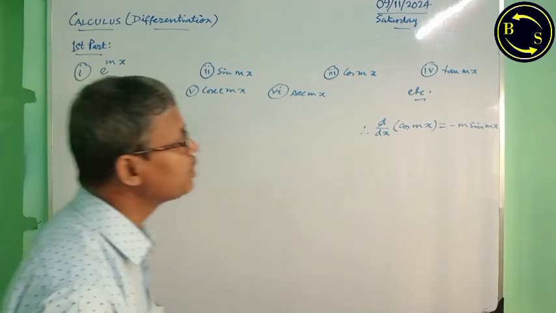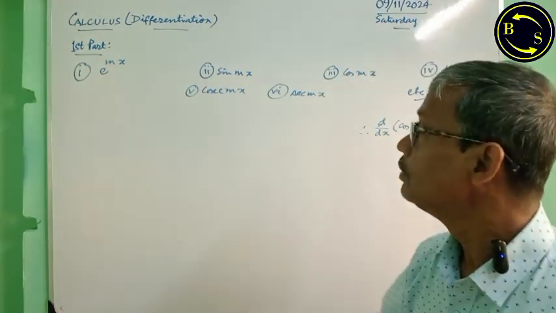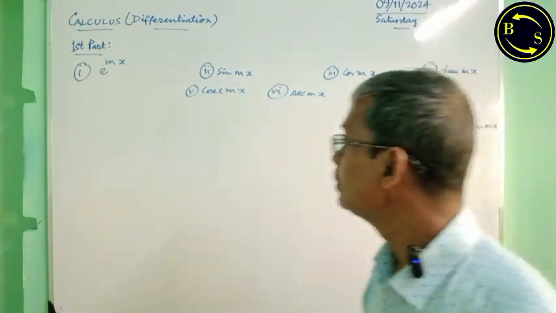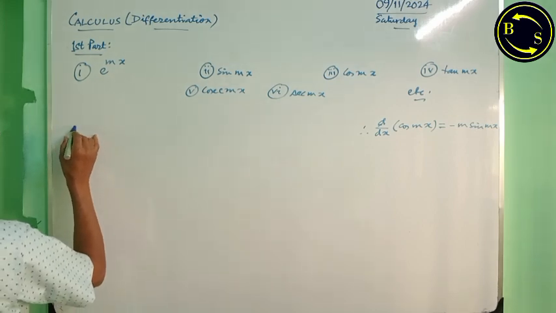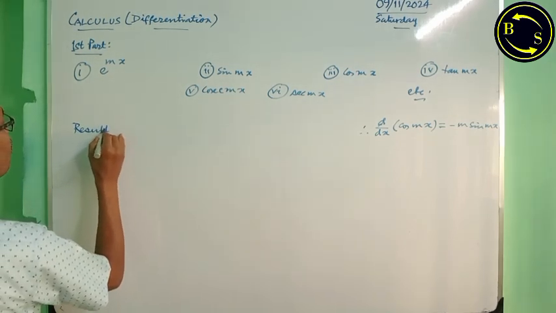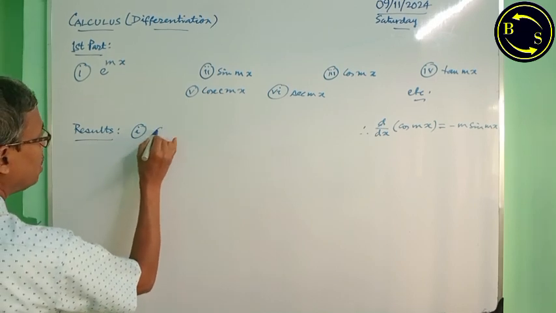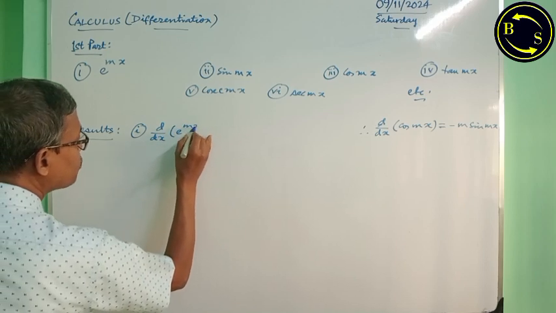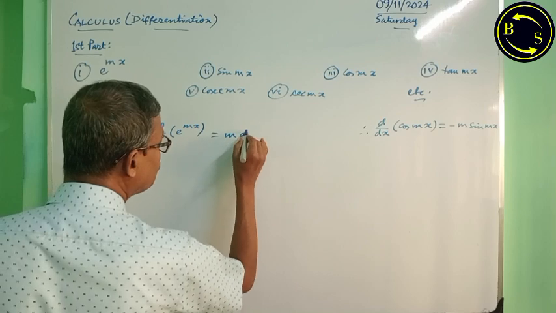Also, students, you write yourself the results. Also, we can say summarization. Therefore, number 1, d/dx of e to the power mx is equal to m e to the power mx.